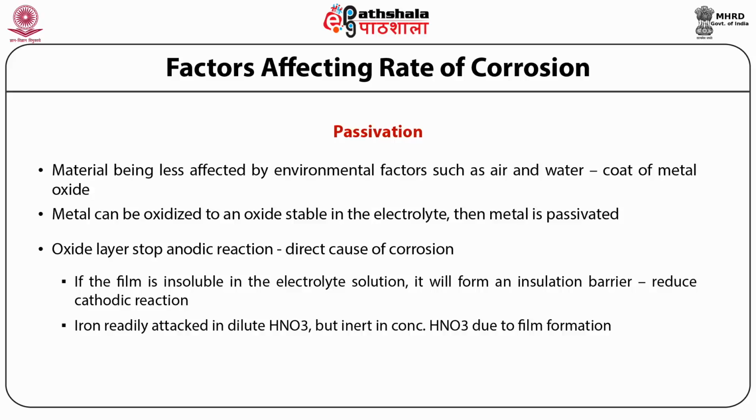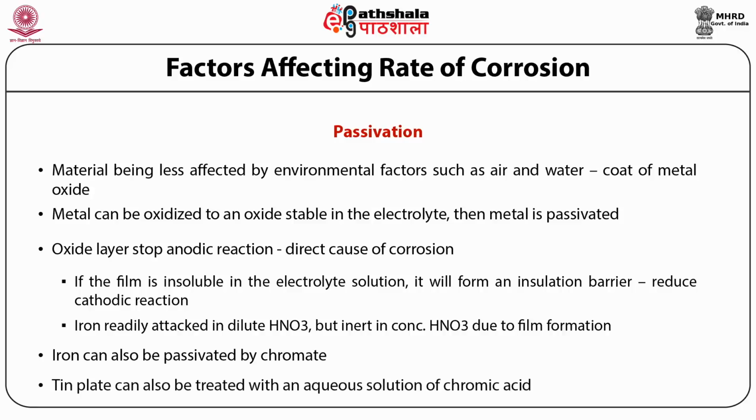As a result, iron behaves in concentrated nitric acid like a much more noble metal or non-reactive metal than it actually is. Iron can also be passivated by chromate solutions, as can tinplate, the latter being a very important step in the manufacture of tinplate.